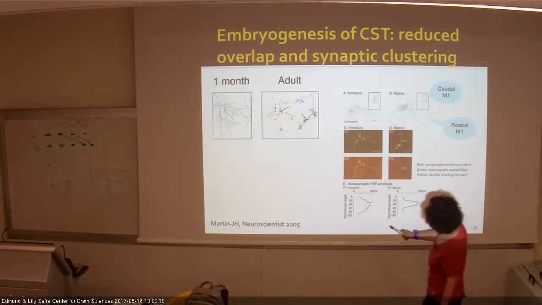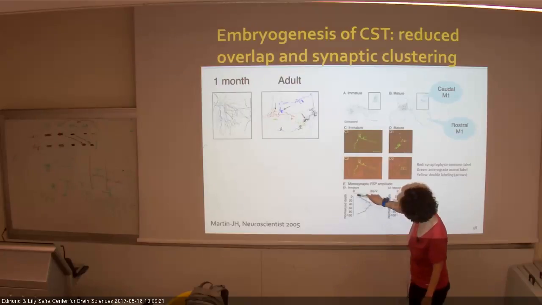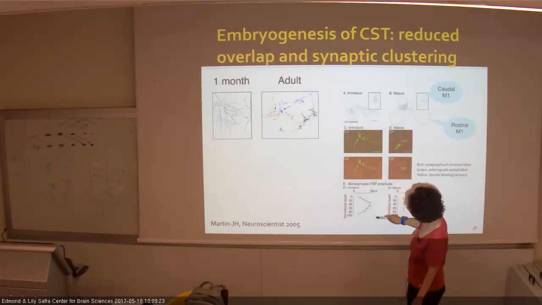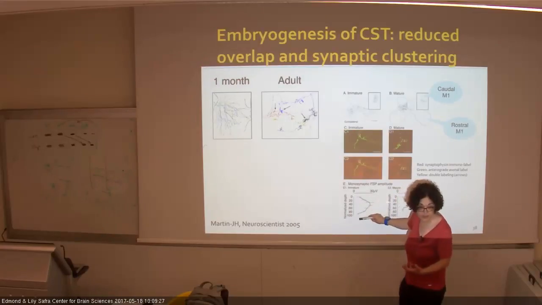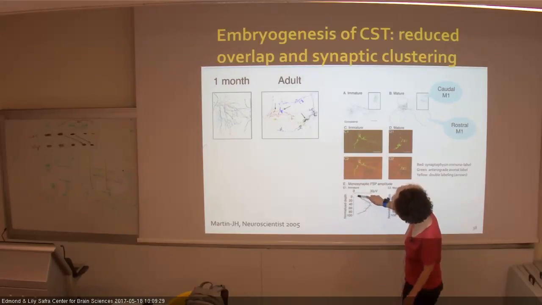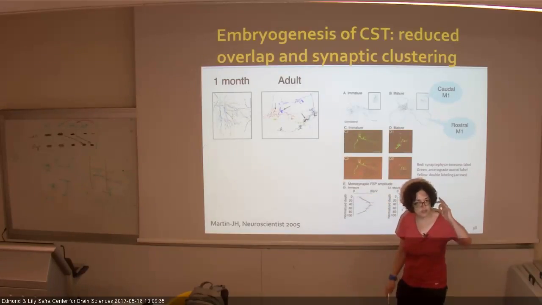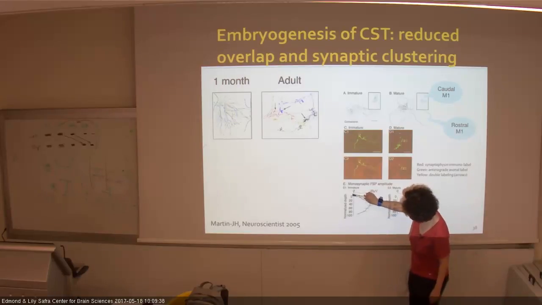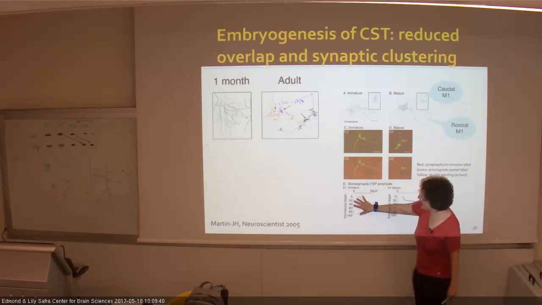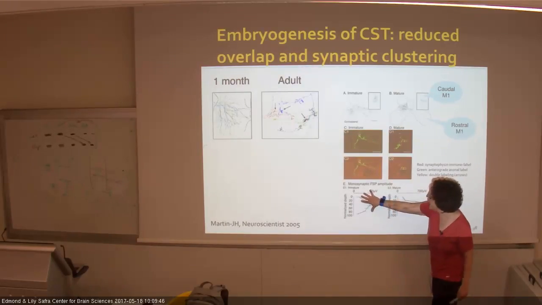So, again, if we look at the spinal depth, this is the distribution of EPSPs. It's basically a field synaptic potential. You stimulate in the motor cortex, and you measure the response in the spinal cord as a function of depth, and you can see that the strength of connection is not very strong, but it's very broad. And this is in the immature cat.